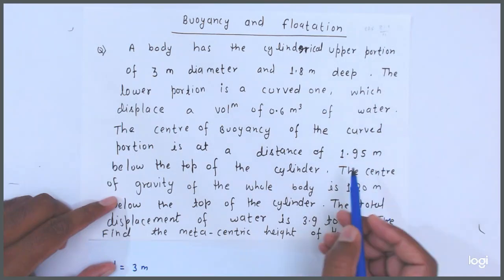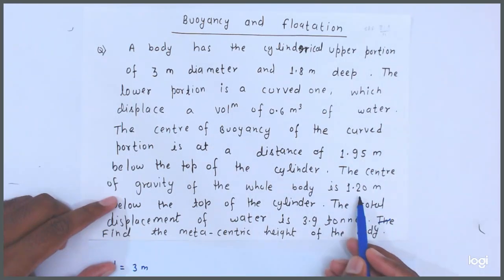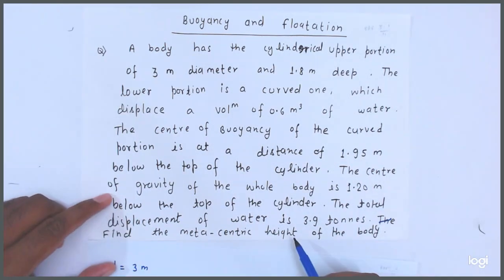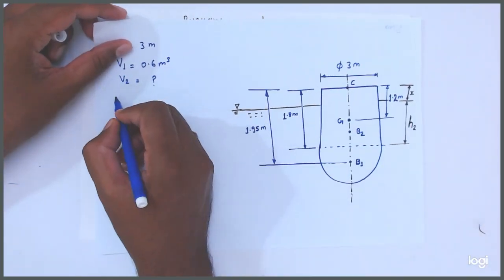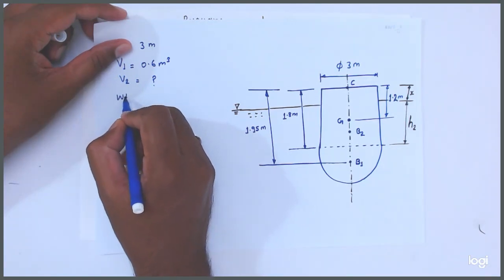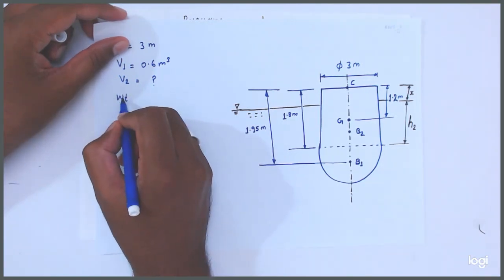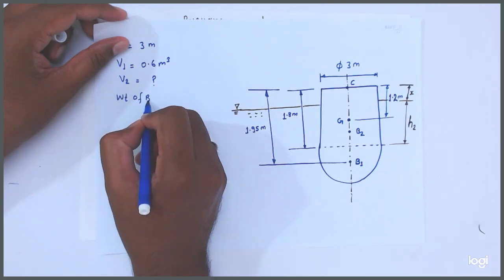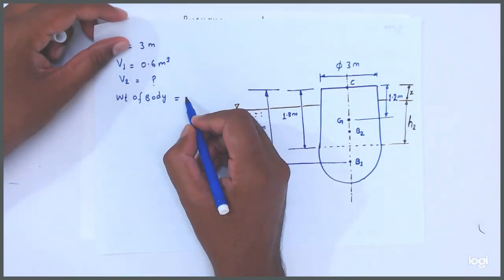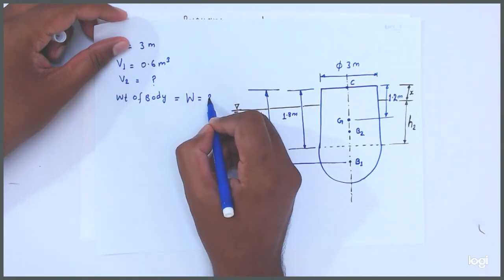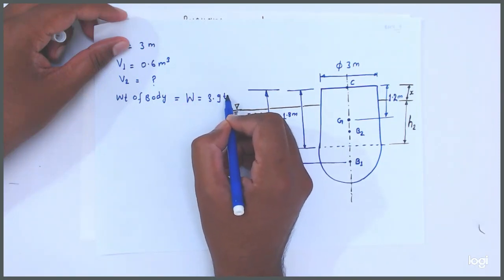The volume, distance, gravity, and weight of the whole body. Total displacement is equal to total weight of body, or you can say total weight W is equal to 3.9 ton.